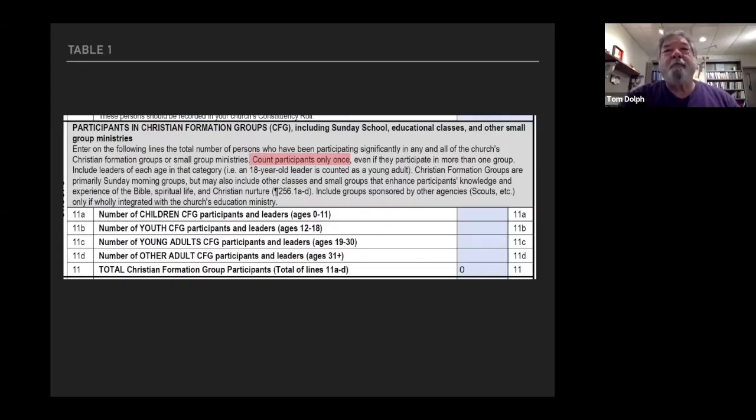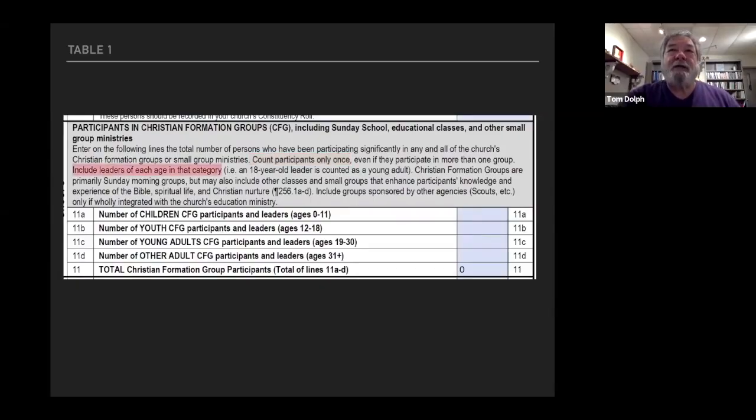So if you have an average attendance of 10 people every Sunday, but you alternate 5 of those who only come every other week, your unique number is likely to be 15 instead of 10. So this is looking for the unique individuals who have attended Sunday school throughout the entire year.